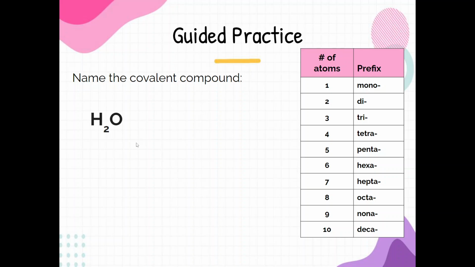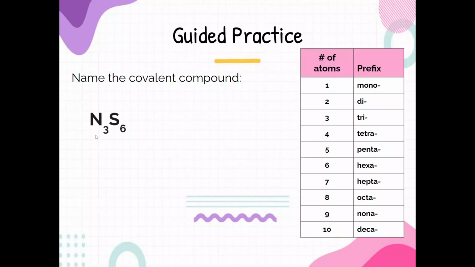Well, we give the IDE suffix to oxygen's name, so it's going to become oxide, but we also have to have a prefix to indicate that we just have one oxygen atom here, and that prefix is mono. So what we're going to end up with when naming this compound is that it's called dihydrogen monoxide, right? Two hydrogens, one oxygen, and oxygen's name gets an IDE ending. So dihydrogen monoxide.